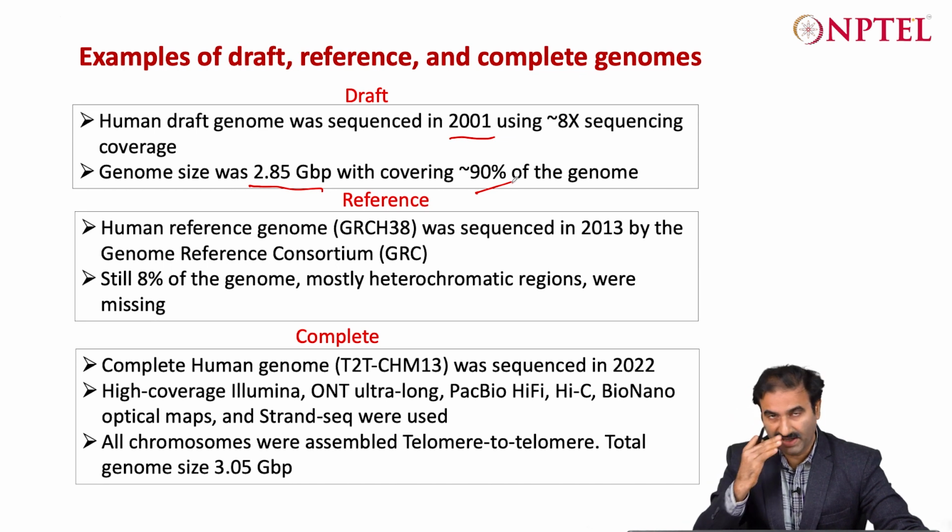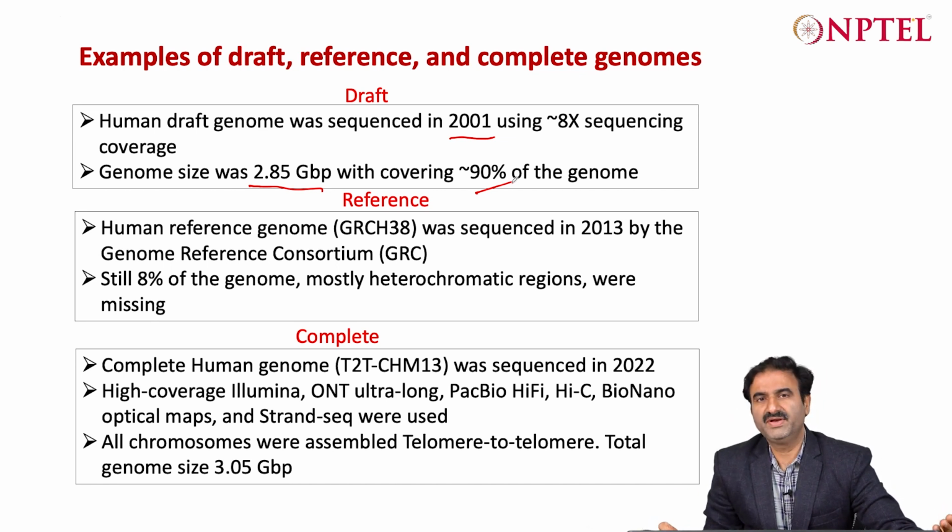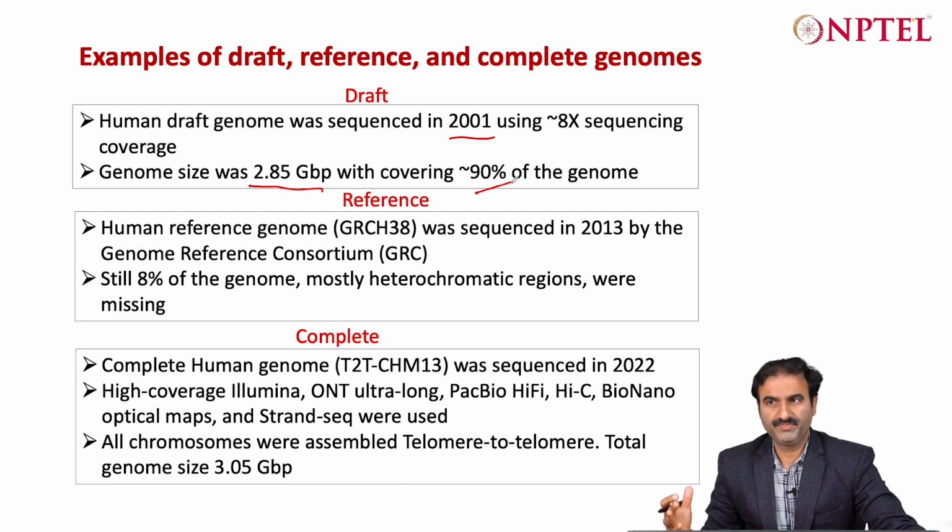At that time there was also a company, Celera Genomics, and another group of scientists all over the world working in academic institutes. They both took some information or data from each other, and both released their own genomes, which were published in Nature and Science separately.